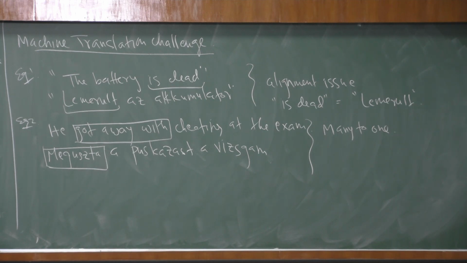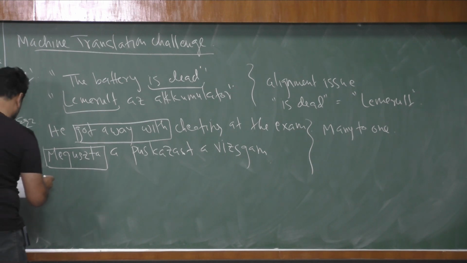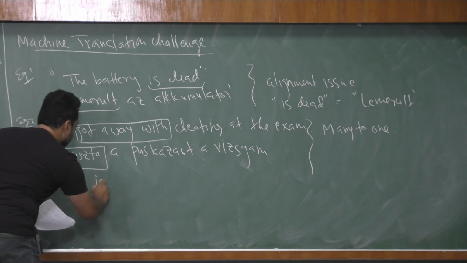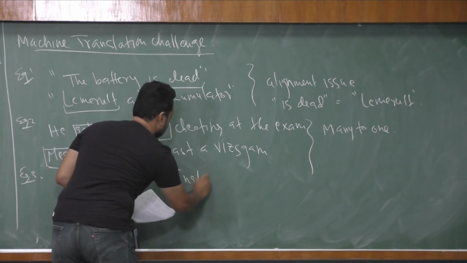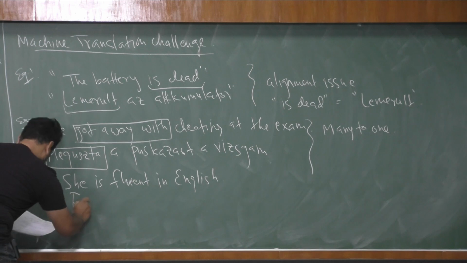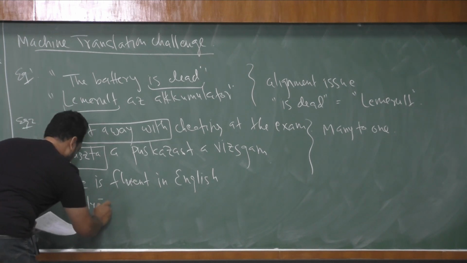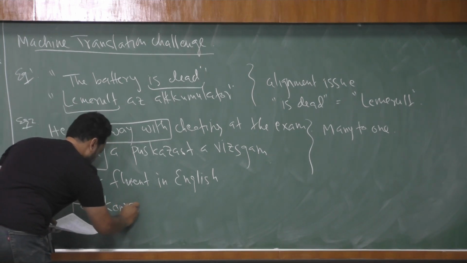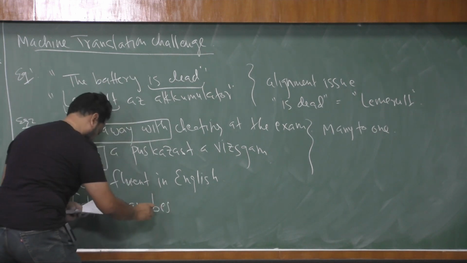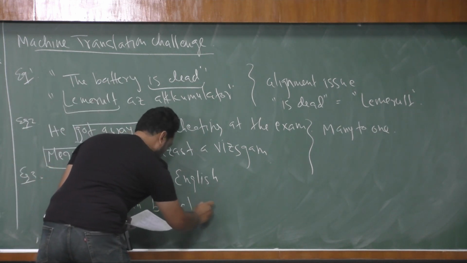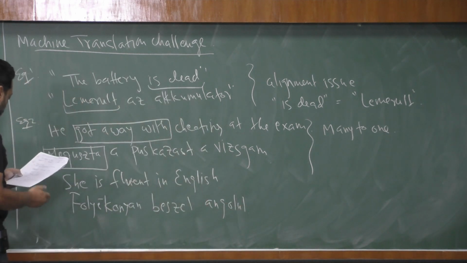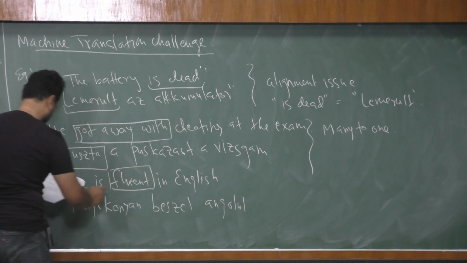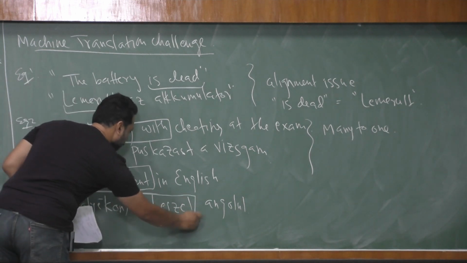And it could also be the other way, one to many. So she is fluent in English, and this is... Okay, so in this case, it seems that fluent got translated into this.